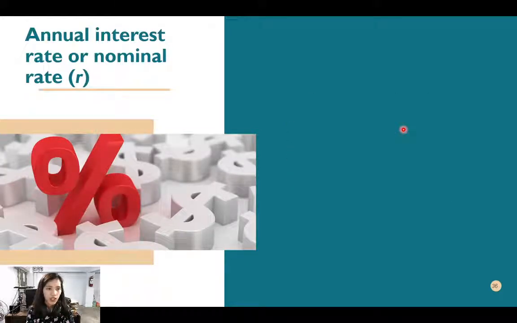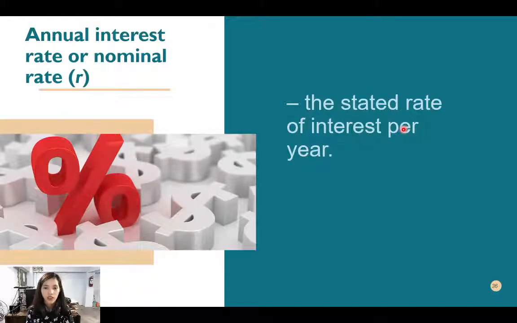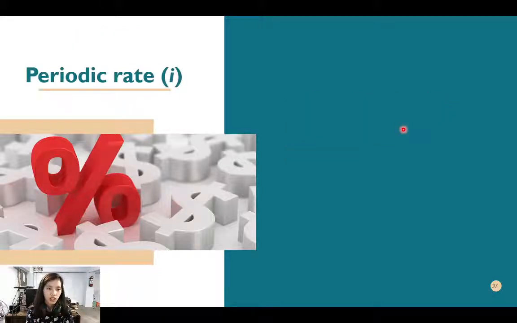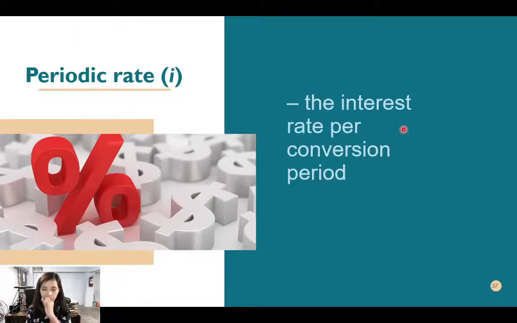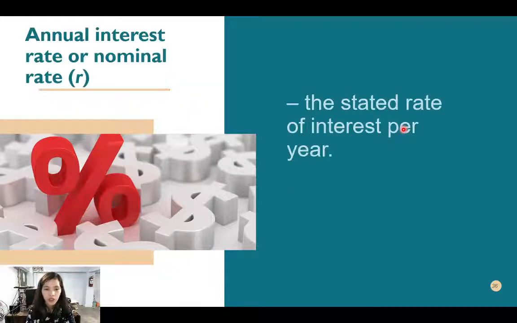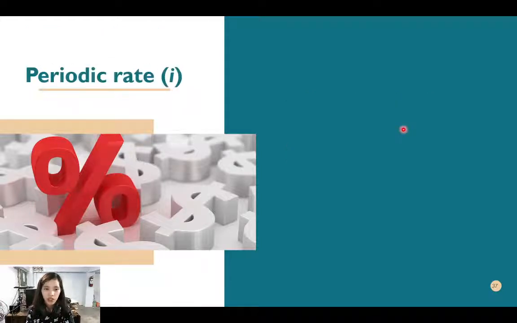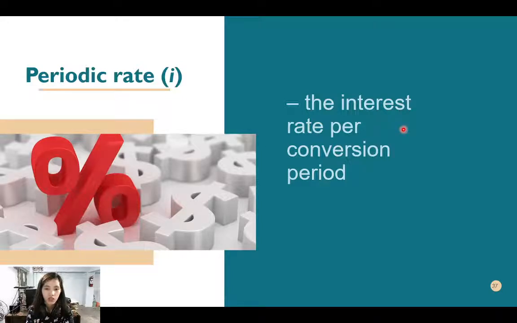Okay, let's have the annual interest rate or nominal rate. The stated rate of interest per year. How about the periodic rate? The interest rate per conversion period. Kung itong annual interest rate or nominal rate, ito ay per year, ito naman ay kung kailan kinonvert yung percent, yung tubo, yung patubo.